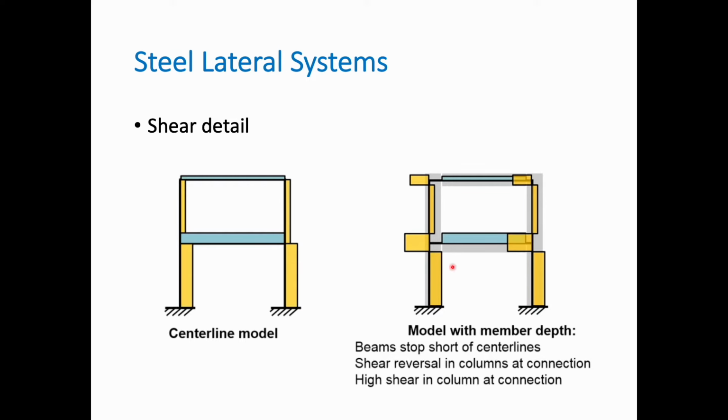So you see here that although this is on the right, this is on the left. So at the beam's depth, we've got a high shear in the column. And this particular one, because it is quite high, significantly higher than the shear we get in the rest of the columns, is called the panel shear zone.